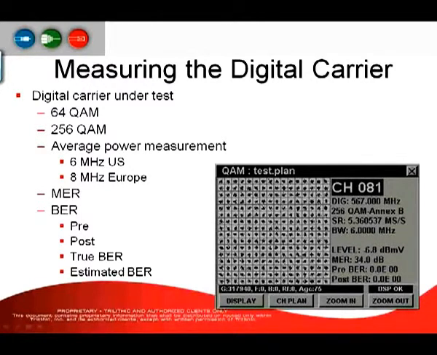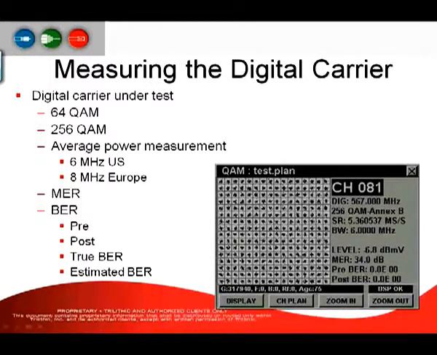Just remember, when you're looking at an estimated BER, it's possible for it to sometimes miss a random burst of noise that pops on screen. It can miss some of that information versus true BER.